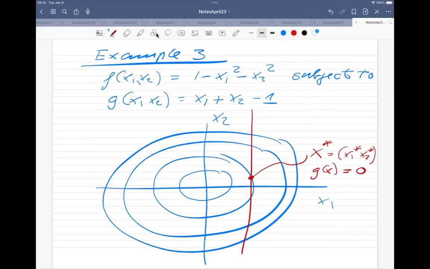So the constraint is active because we require that the line here hits the function f of x1, x2 here. So when the solution is on the boundary, in this specific case, we have lambda different from 0. So we call this an active constraint.